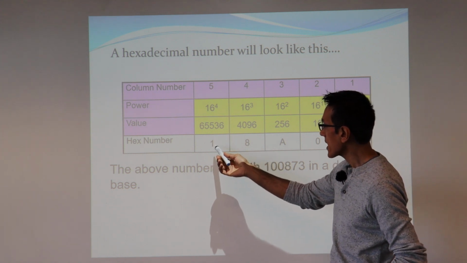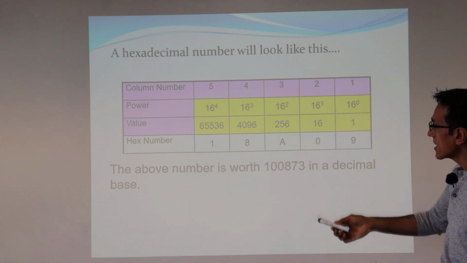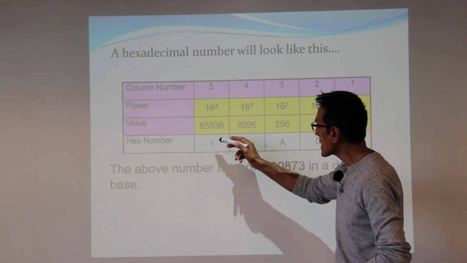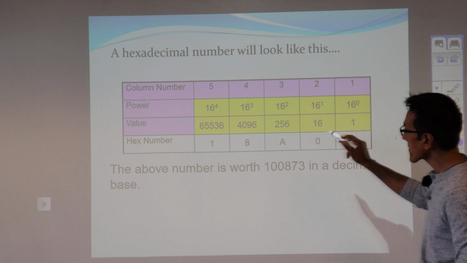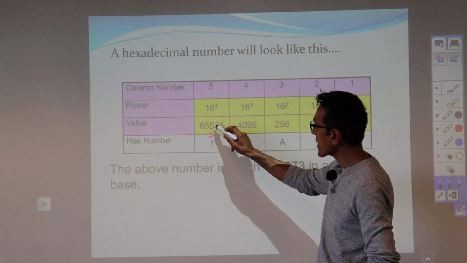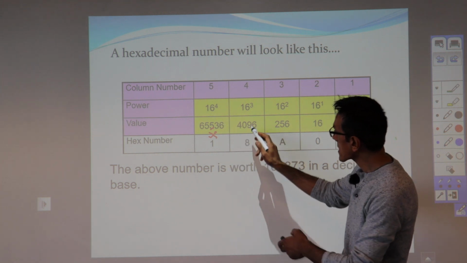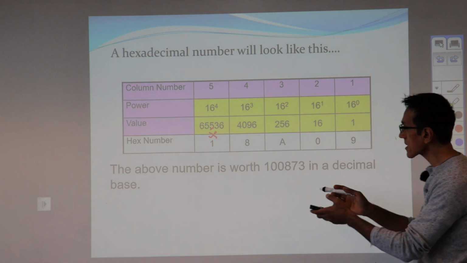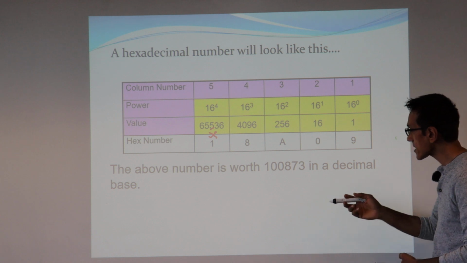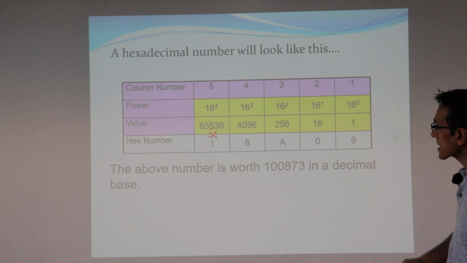So if we had a hex number 18A09, then this would be represented in base 10 as 1 times 65536 plus 8 times 4096 plus A, which is 10, 10 times 256 plus 0 times 16 plus 9 times 1.